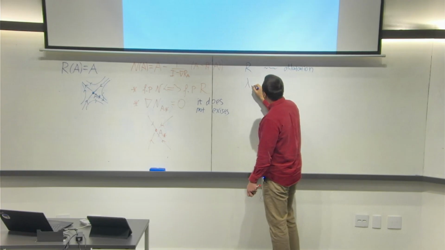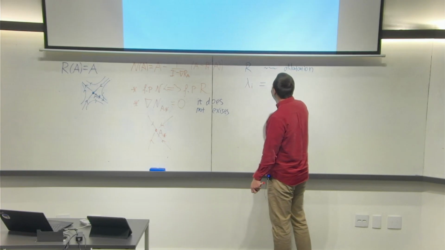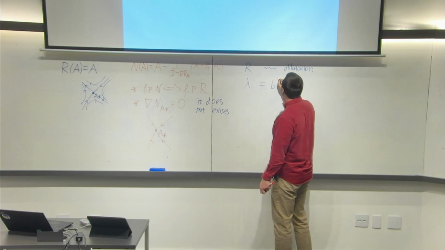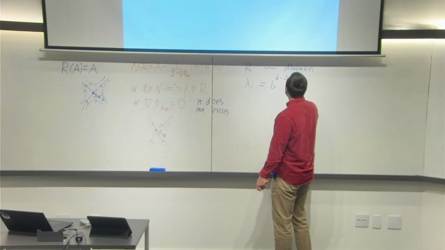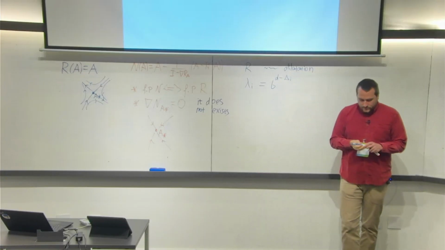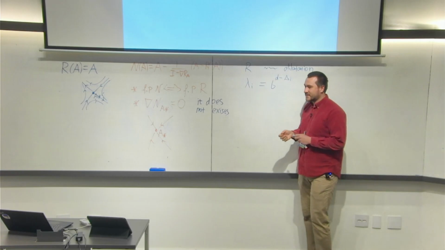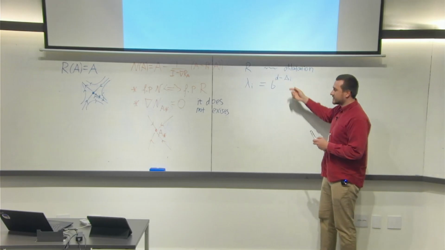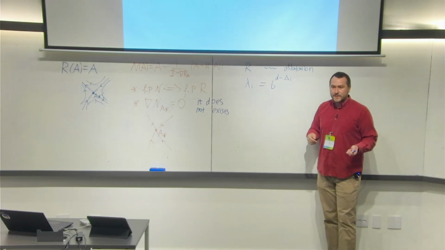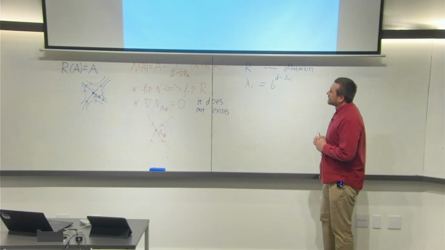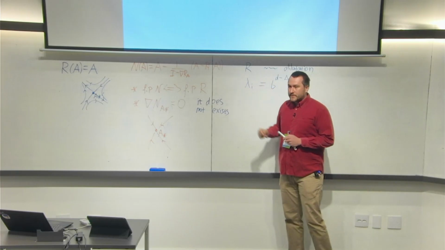We know that lambda_i is supposed to be b^(D minus delta_i). And so unfortunately, we have the stress energy tensor. Well, maybe fortunately, but the stress energy tensor has dimension exactly D, and we get eigenvalues 1, which is a problem, because now we cannot invert this thing.